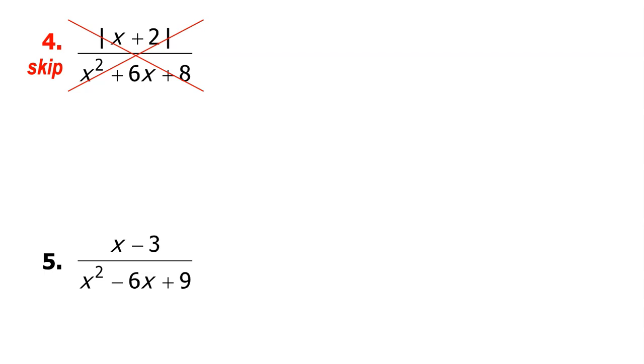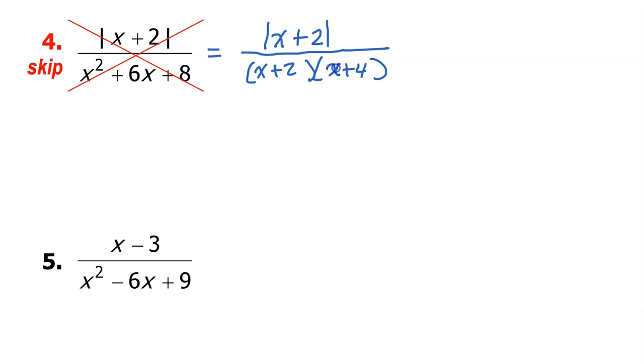Something is telling me to skip this problem, but I'm not going to. So let's go ahead and factor the denominator, since the denominator is where the discontinuities come into play. So we have the absolute value of x plus 2 over, and this is going to factor as, let's see, x plus 2 times x plus 4.